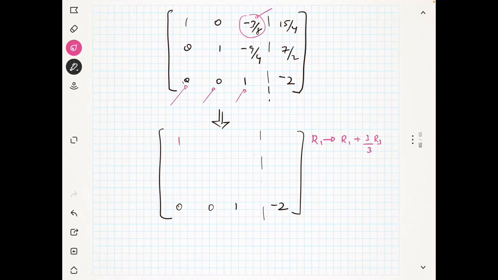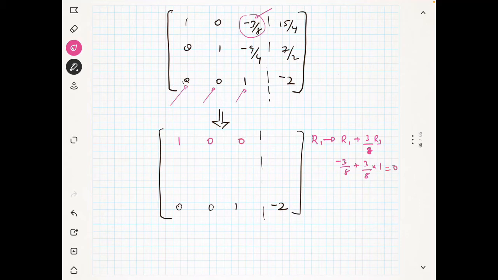So this becomes minus 3 by 8 plus 3 by 8 into 1, so this becomes 0. So I got 0 here.